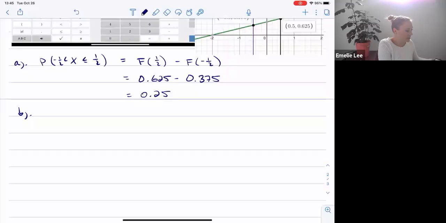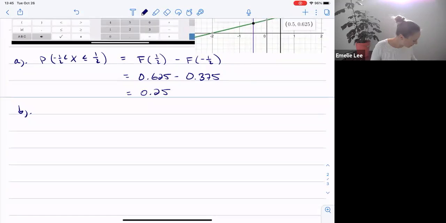Now the next probability that we want is the probability that x equals 0. My pen has been doing weird stuff lately, so see how this goes.